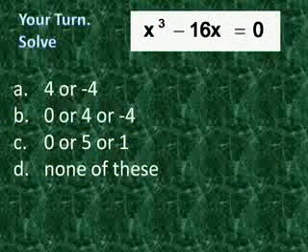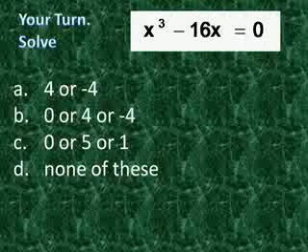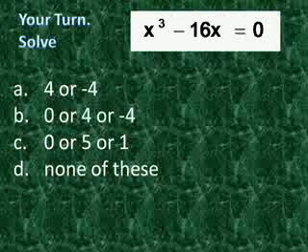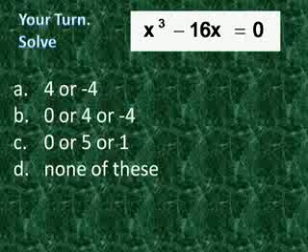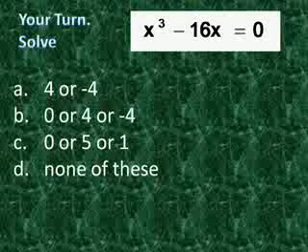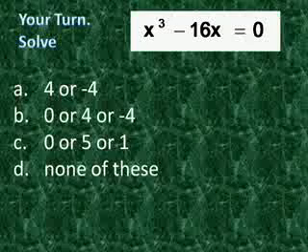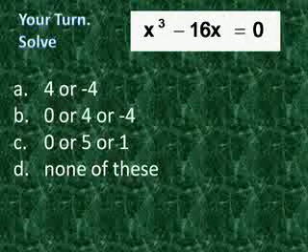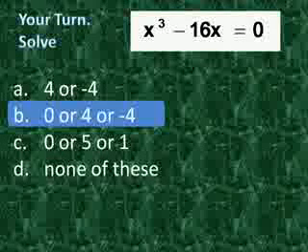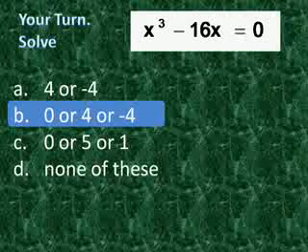Your turn. Solve x cubed minus 16x equals 0, like we did before. Please pause this video, solve the given equation, then resume this video and check your answers. The answer is B. x is 0 or 4 or negative 4.